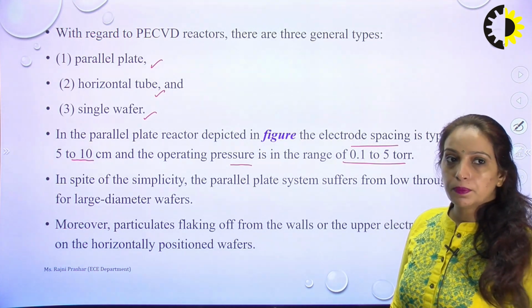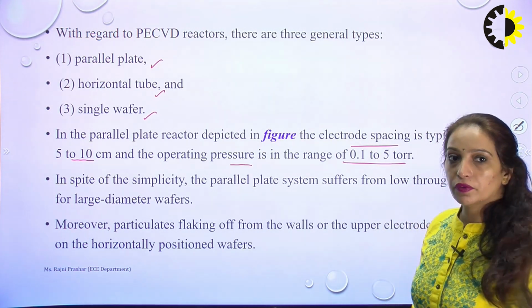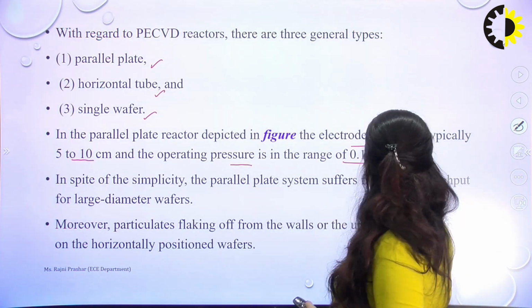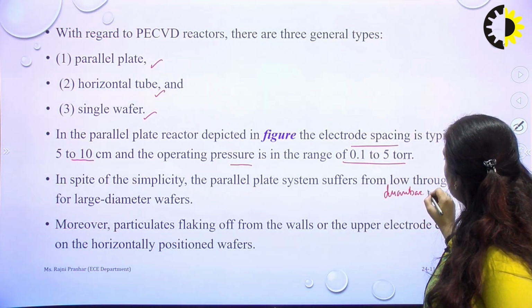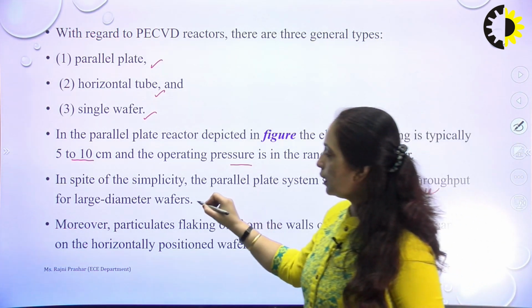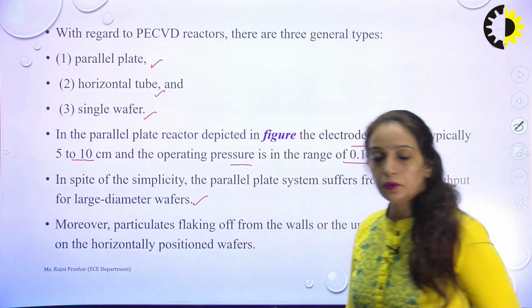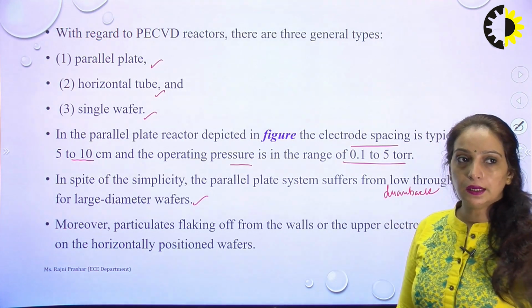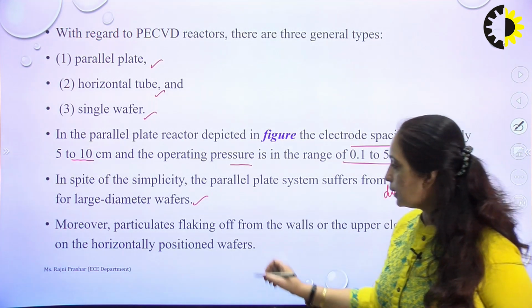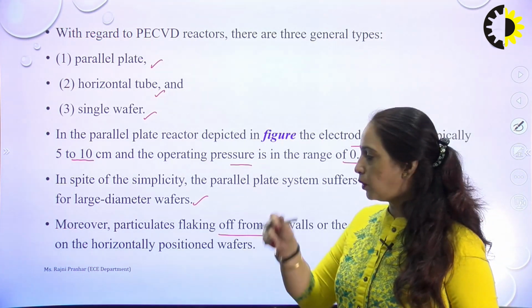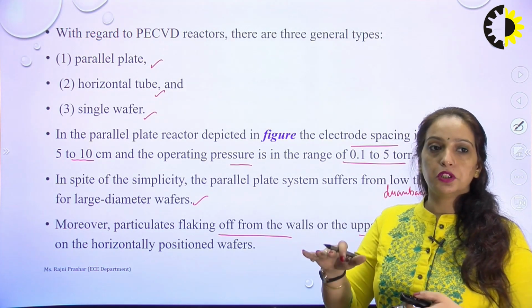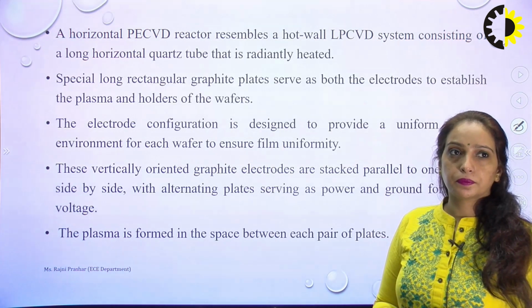In spite of the simplicity, this parallel plate system suffers from low throughput. The drawback is low throughput for large diameters. When we use large diameter wafers, the throughput will be less. Moreover, particulates flaking off from the walls or from the upper electrode can fall onto horizontally positioned wafers, right.